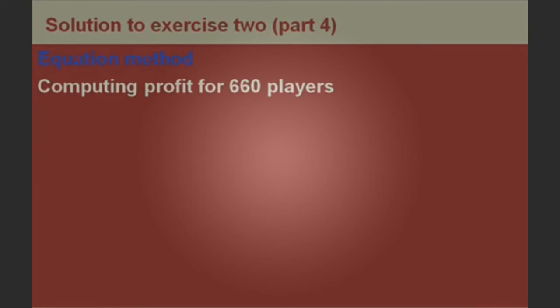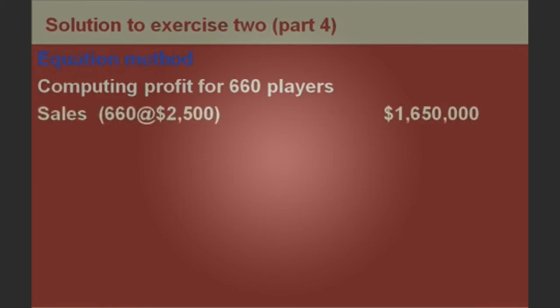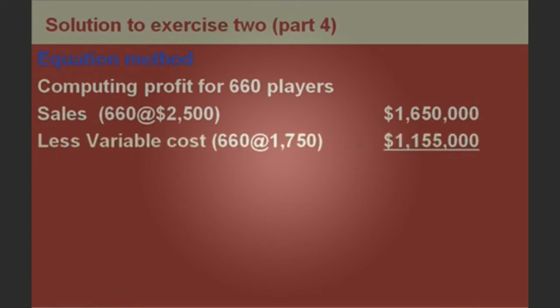So, go back to basics. Sales is 660 players at 2,500 per player, which is 1,650,000. Variable cost 660 at 1,750 per player, 1,155,000.